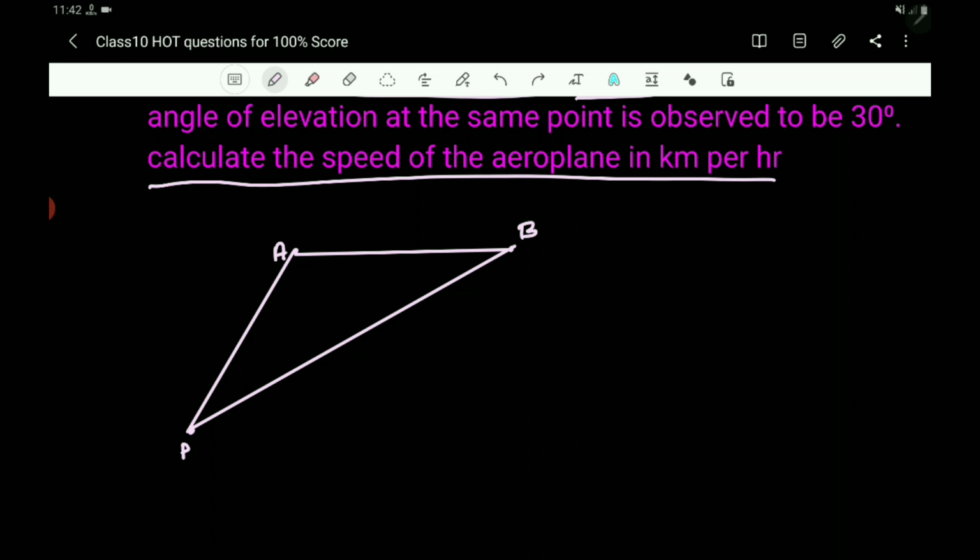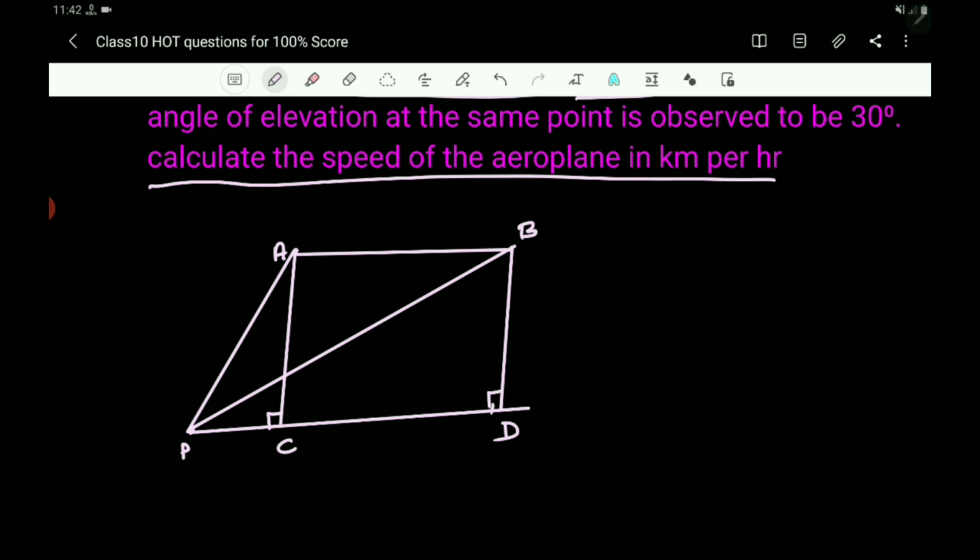Now this is the ground, and you know that from this A, you take C, that is perpendicular to the ground, and this BD is also perpendicular to the ground.